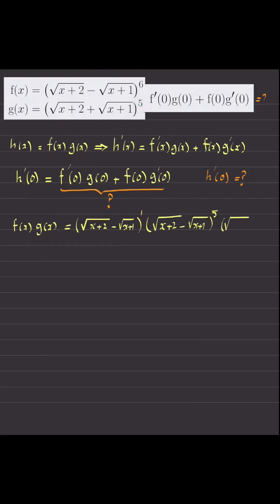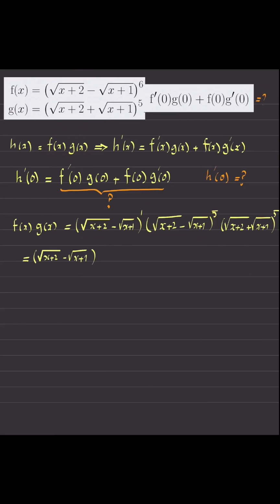This becomes square root of x plus 2 plus square root of x plus 1 to the power of 5. I copy and paste the first one. Of course, I don't need to put this power of 1 anymore, so I just copy and paste it without the exponent: the square root of x plus 2 minus the square root of x plus 1.